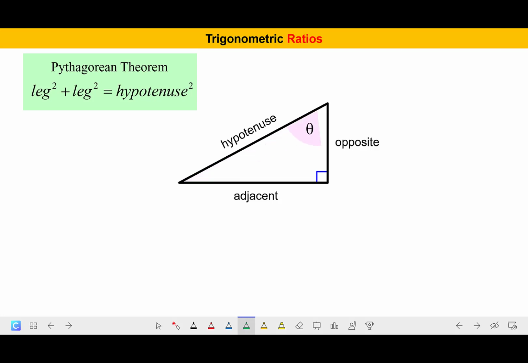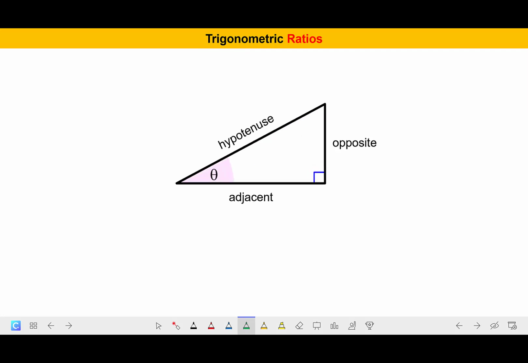If I were to switch my angle of interest up here, this is not correct anymore, because the side across from my new angle of interest is now the opposite, and that's the adjacent. Remember that as we label the sides, it depends on the angle that we're using.